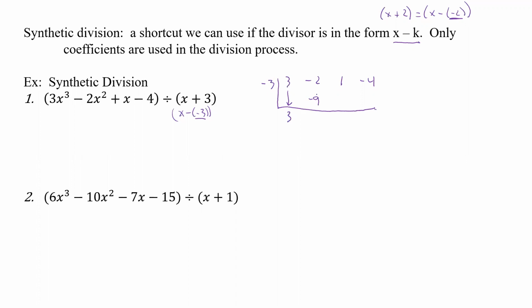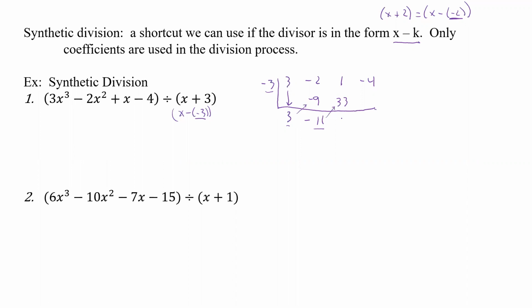Now what we do is we just take a minus 2 minus 9, and that gives us a minus 11. Then what do we do? Well, now we go back to taking this negative 11 times a negative 3, so it's positive 33, and we put it here. And so basically, we are taking this number times this, then that number times that, and we just move it and put it into the next position over.